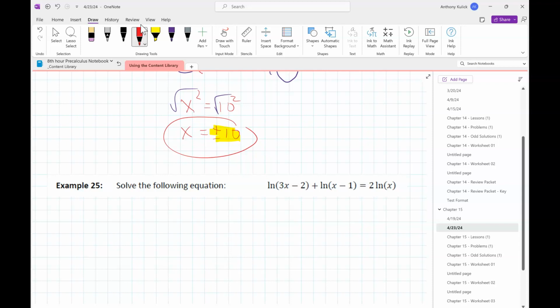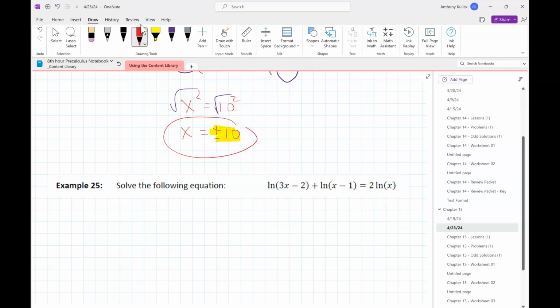Those are natural logs. Those are logs. So that's fine. What is fundamentally different about this problem than the previous one? I have variables in more than one logarithm.